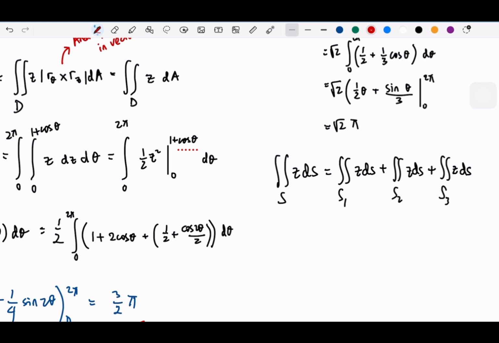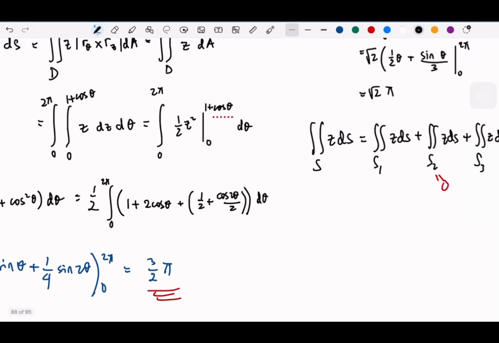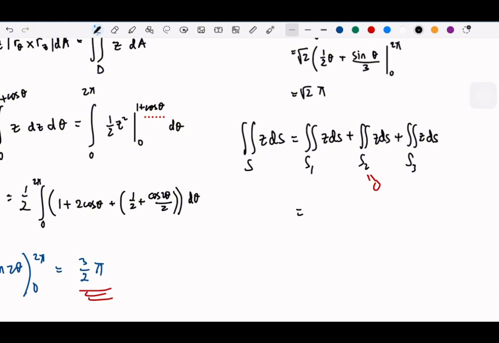Surface S2 is 0, so we just add this 3 over 2 pi plus square root of 2 pi, or pi times 3 over 2 plus square root of 2. This will be the final result.